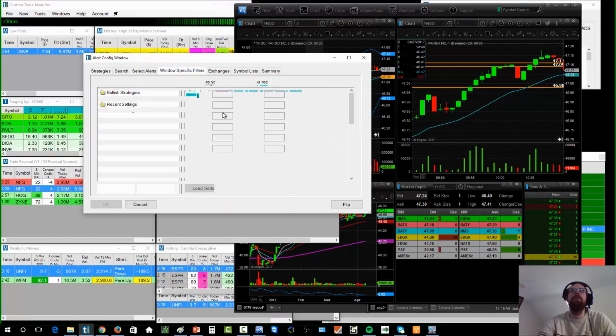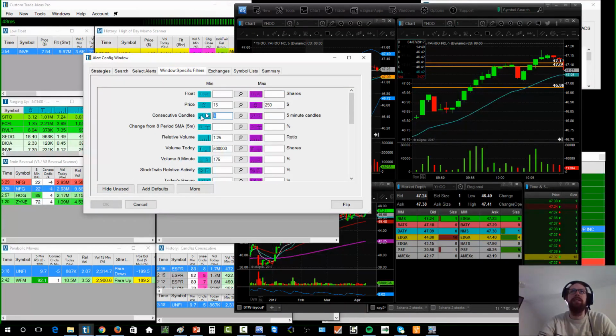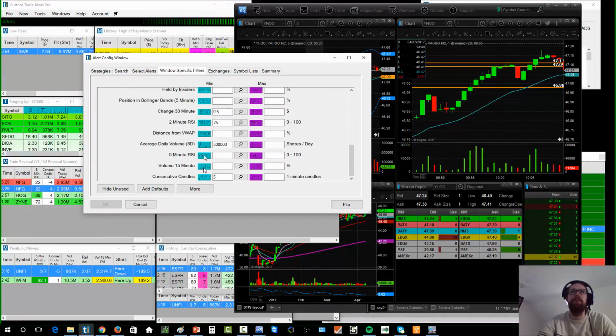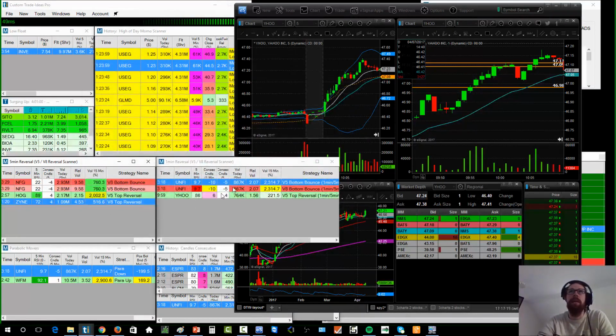Previously we were using 4 consecutive candles on the 5 minute chart, which is fine. But then I can also go grab this filter for 5 consecutive candles on the 1 minute chart. And now I have multiple time frame alignment. So I not only have a 5 minute setup, I also have a 1 minute setup, and that's why I really like the scanner.